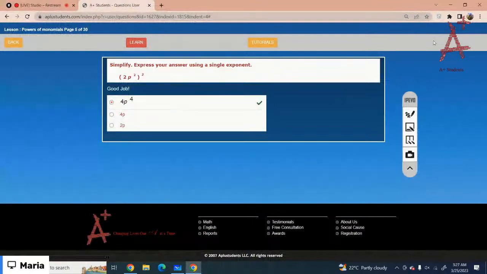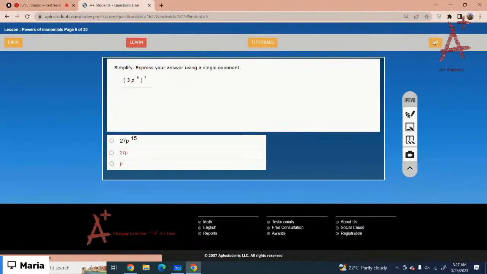Okay, which is the correct option for the next one? You have to simplify, express your answer using a single exponent. So it would be 3p to the 5, exponent 3. So which is the correct option? So 3 is the exponent for both 3 and p to the 5. Got it?